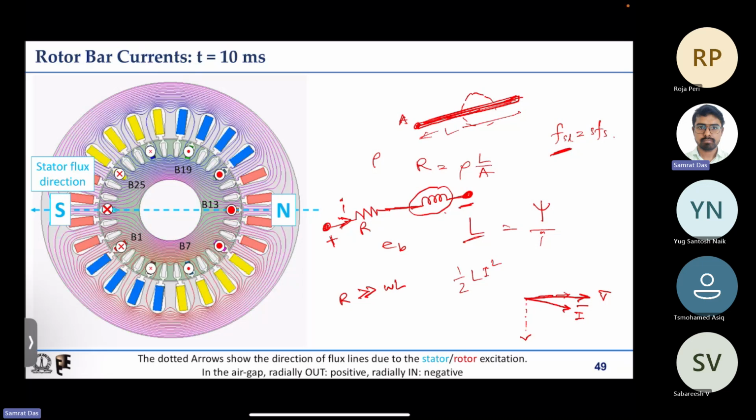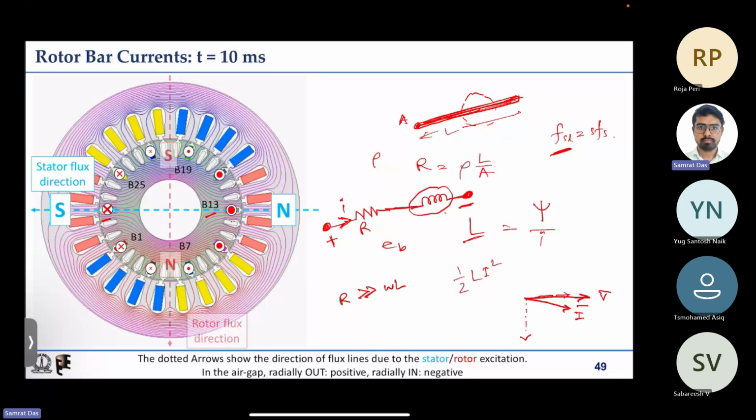That is why wherever we have peak induced EMF, we can assign positive, or the peak current through that. So bar 13, because it has positive peak induced EMF, I have assigned positive dot, and here negative dot of the highest magnitude, and accordingly there are other currents. Now if this is the current distribution, how will the field of the rotor be?